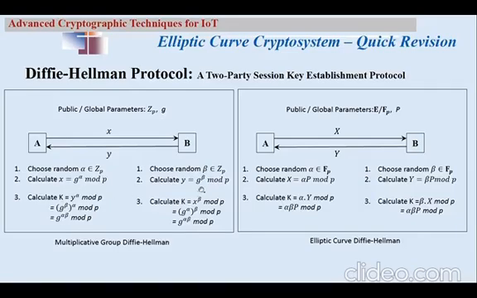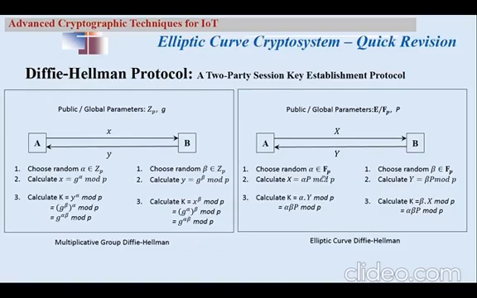Definitely if it can calculate either alpha or beta, then from x and y it can calculate g power alpha beta easily, as A and B are doing. However, without knowing alpha or beta, it cannot calculate g power alpha beta using any polynomial time algorithm. Till date nobody has invented such an algorithm. So this is known as the Diffie-Hellman key exchange protocol.